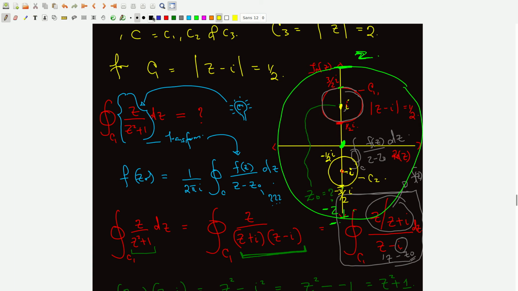The solution we got here, remember, was i pi, and the solution we have here is i pi. Then we have seen that the solution, by integrating over this path C3, is i pi plus i pi, which is 2 pi i. That is quite interesting to note, and a beautiful result.